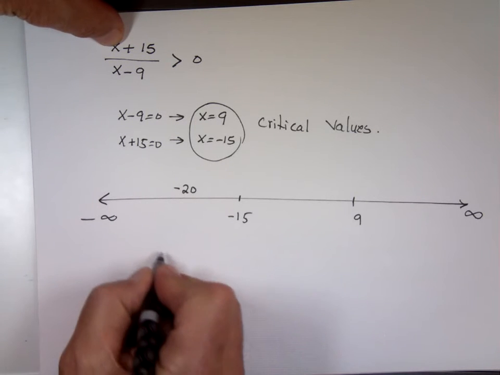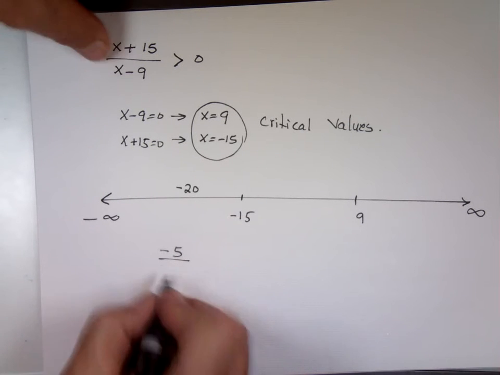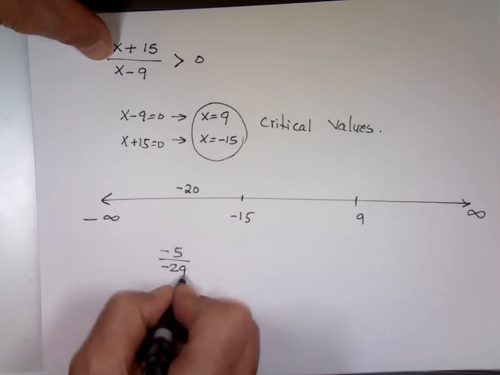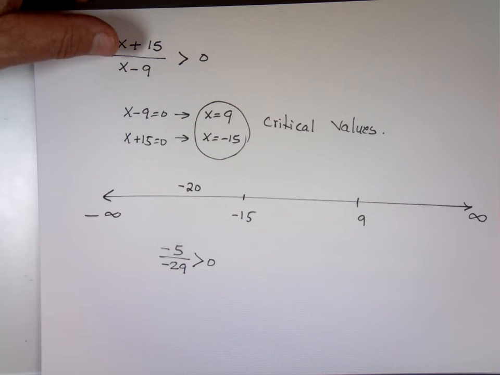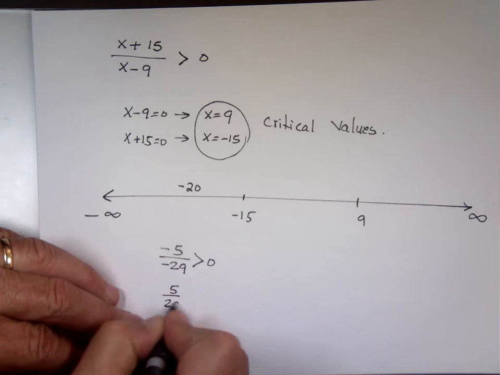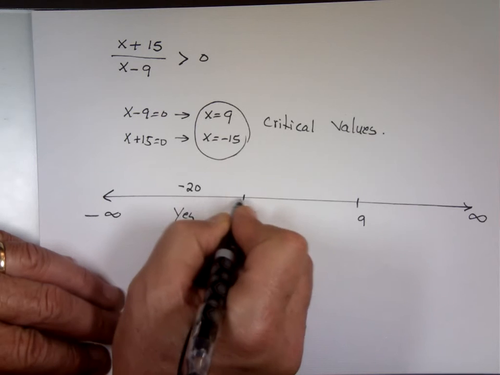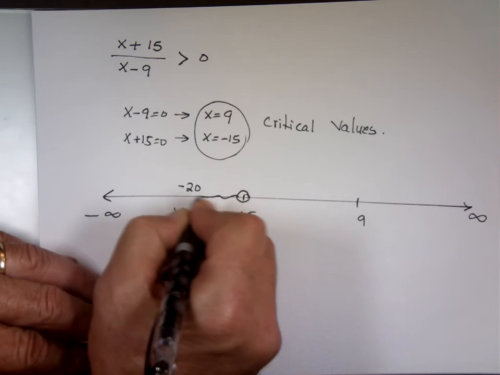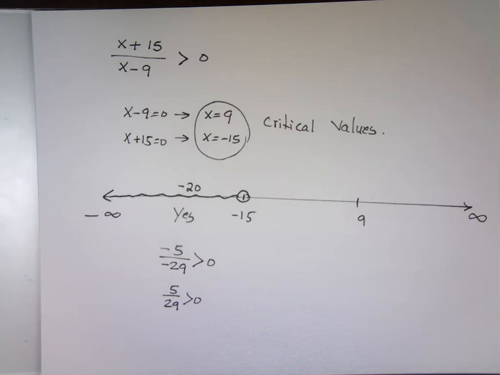Negative 5. What's negative 20 minus 9? Is that bigger than 0? Any positive number is bigger than 0. That's a positive number. I don't care what the value of it. Yes.